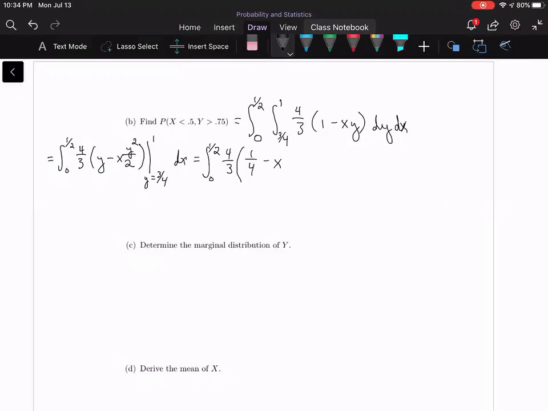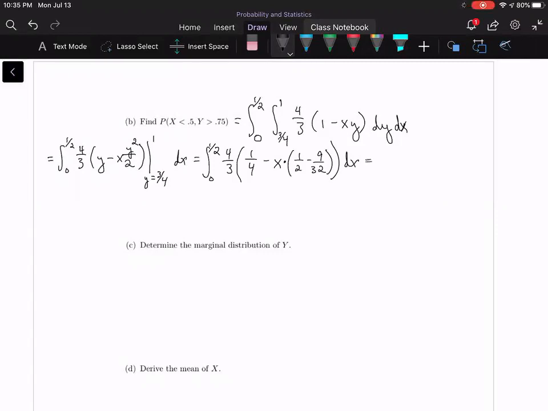So that's going to be 1/2 minus 9/32. And we could simplify that a little bit, getting a common denominator. That is going to be 7/32.